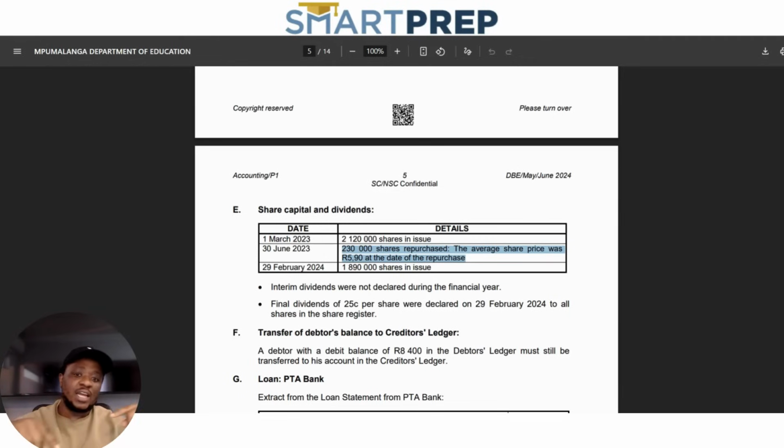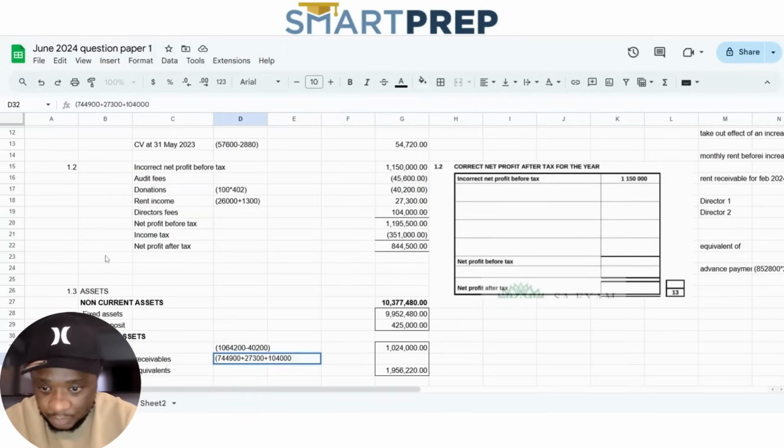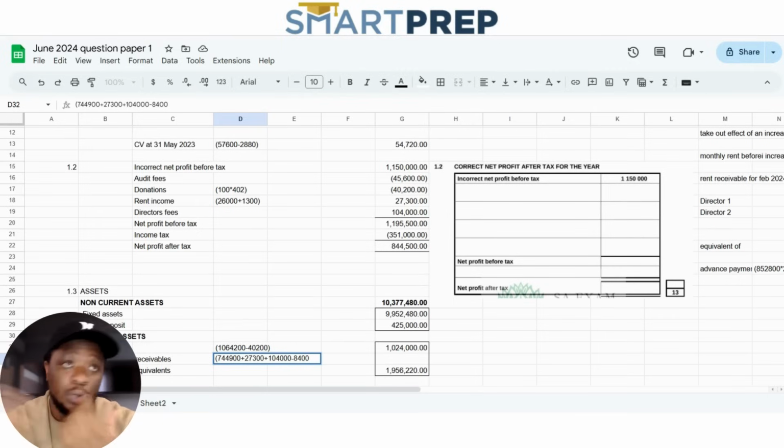So they no longer owe the 8,400. We've taken the amount they owe us and set it off against the amount that we owe them. So this is going to decrease our trade and other receivables, and also it's going to decrease our trade and other payables when we get to that point.